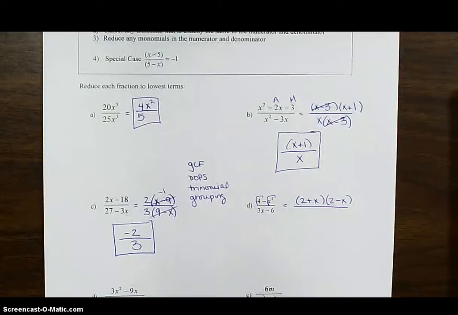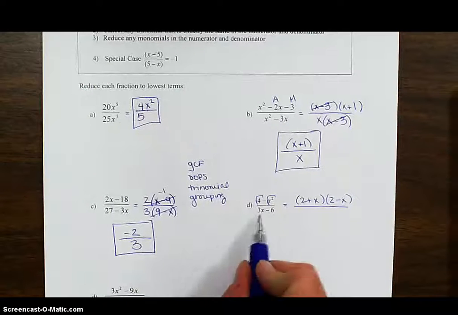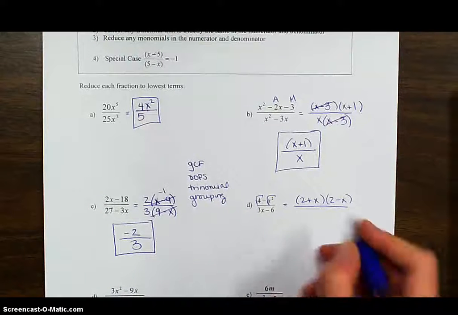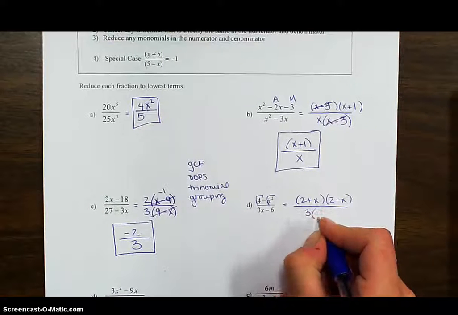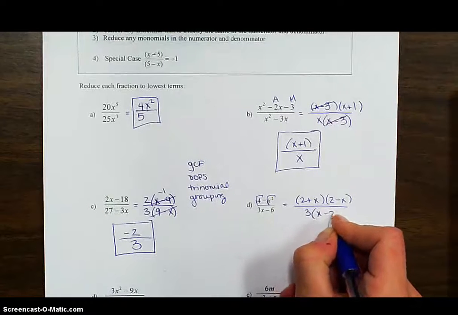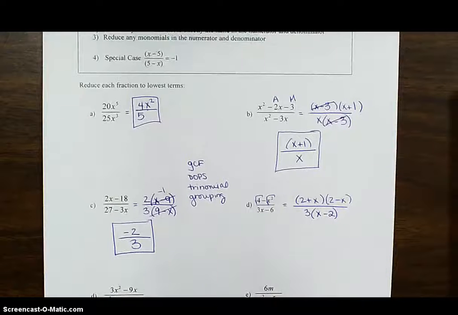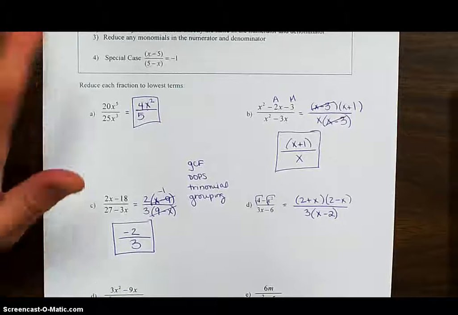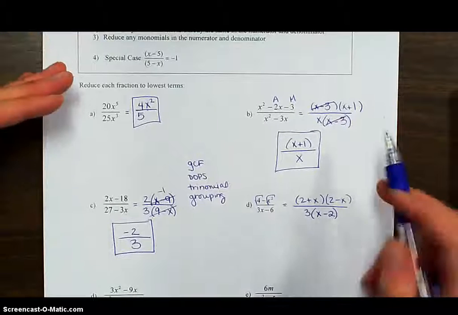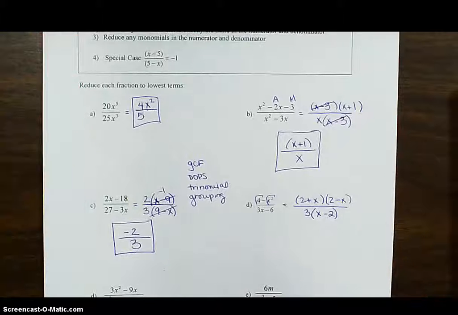Now, if I look at the denominator, there is a GCF of 3. So I factor out a 3, and then we get x minus 2. Now, let's look carefully. Is anything exactly the same in the numerator as it is in the denominator?